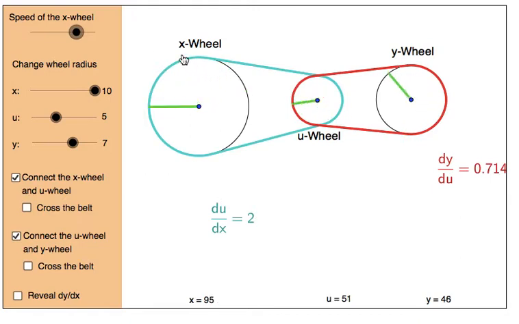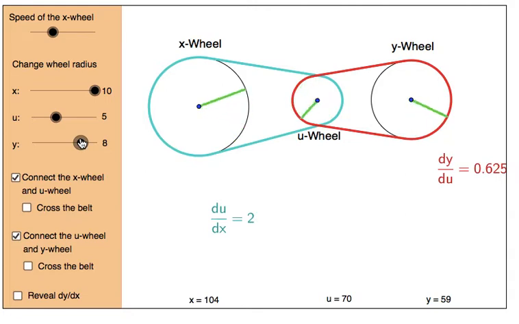So if I actually, I'm just going to back it off a bit, if I actually look at the rate, so this is the rate of how x changes with u. Okay, so this u is going to go around twice for every one time this goes around, just because of the radius of those wheels. And this y, I'm just going to change a little bit.